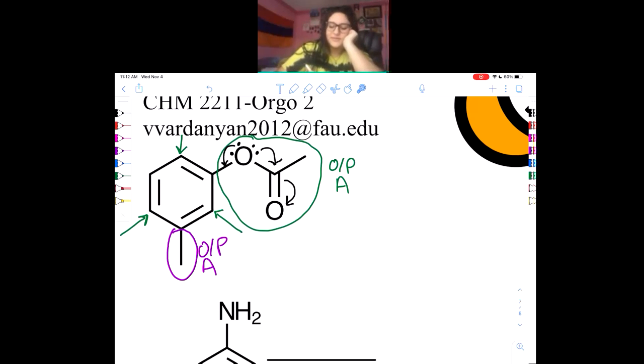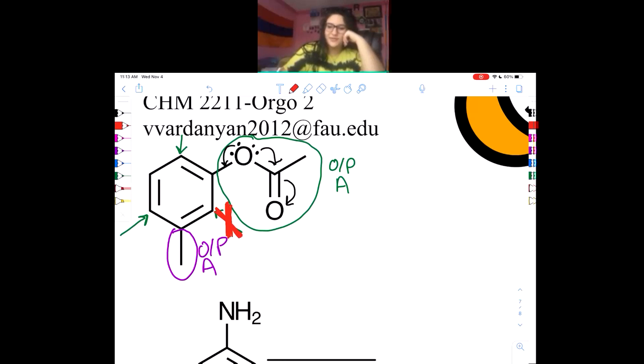We have one position right here, ortho, that is in between 2 substituents, right? While that is ortho and it's technically favorable because of our directing group, because it is between 2 substituents, it is too sterically hindered to happen. So this will never occur because it is in between 2 substituents.